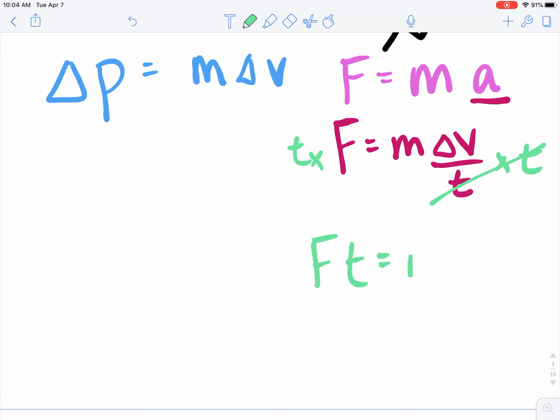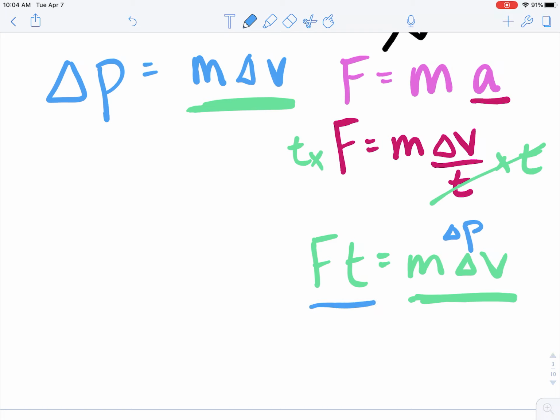So here is a brand new equation, and would you look at that? This side of the equation is the equation for change in momentum. So I can say that the change in momentum is equal to whatever this side of the equation is, force times time. There is a name for this side of the equation, and it has a symbol, J, and J is the symbol for impulse.